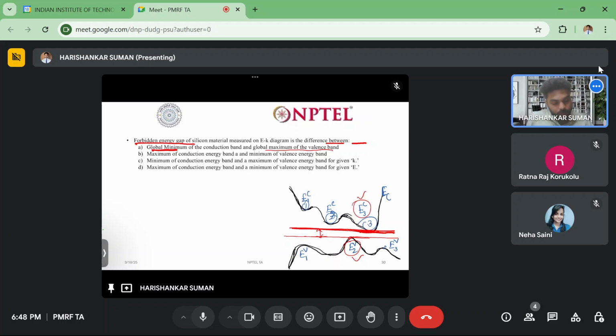Next question. The forbidden energy gap of a silicon material, measured from the E-k diagram, is the difference between the energy band gap of any material in the E-k diagram. We have to find the global minima here and the global maxima here.